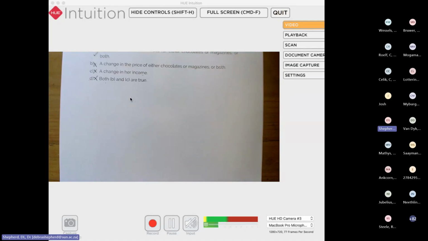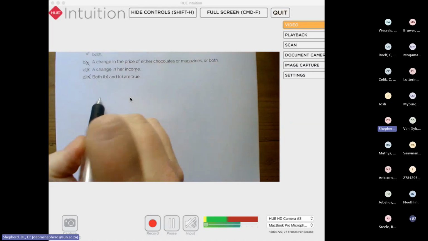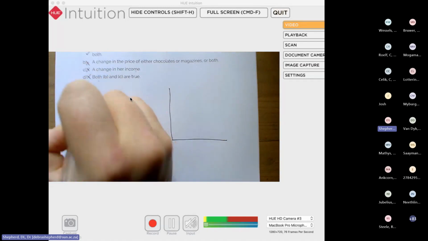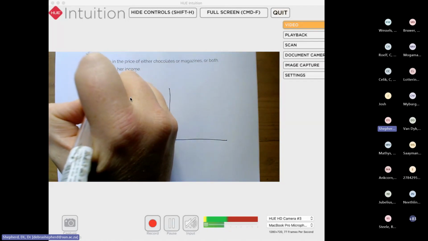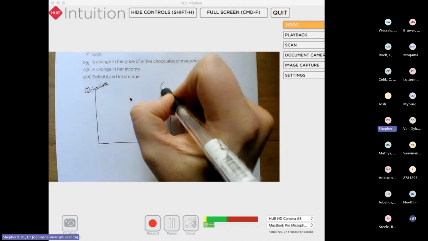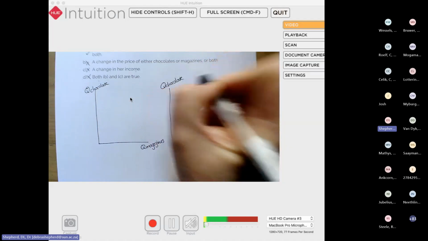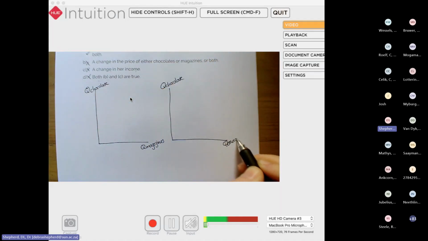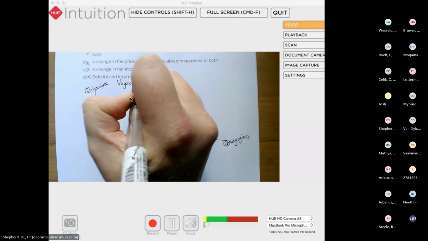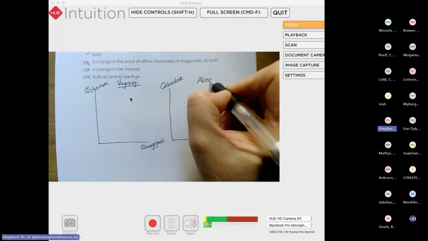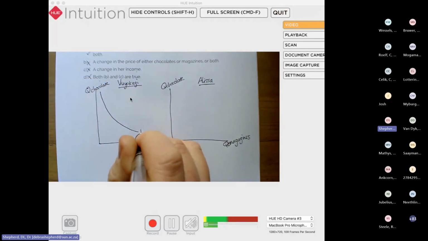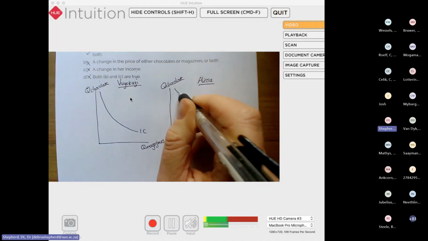Okay, now one last thing I want to show you with indifference curves is the following. Let's use these two goods. Quantity of chocolate, quantity of magazines, quantity of chocolate, quantity of magazines. And let's say this is Vuyokazi and this is Alyssa. Vuyokazi's indifference curve looks like this, and Alyssa's curve looks like this.